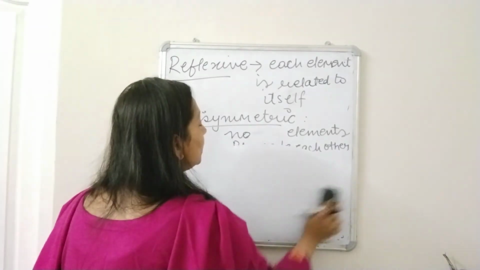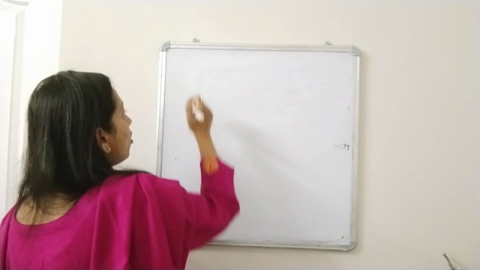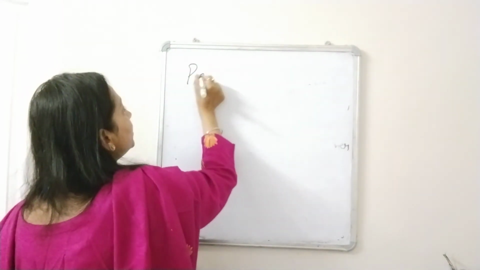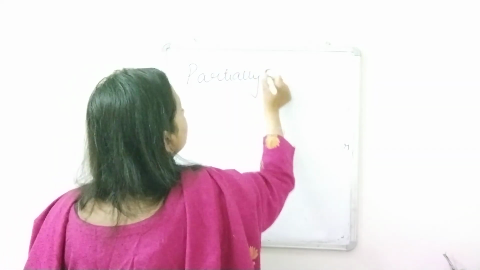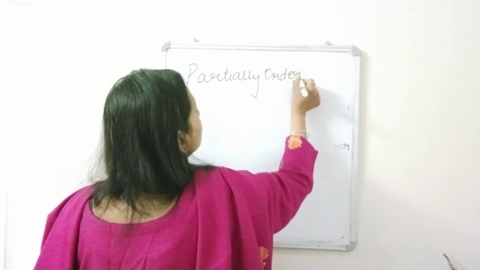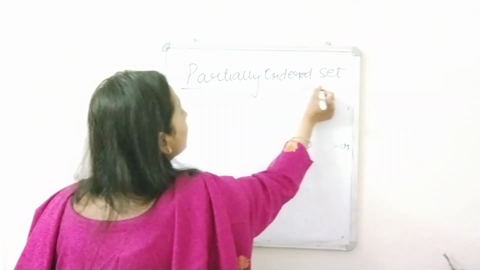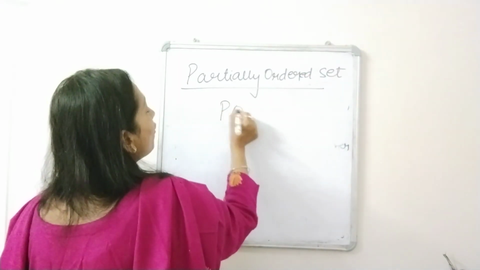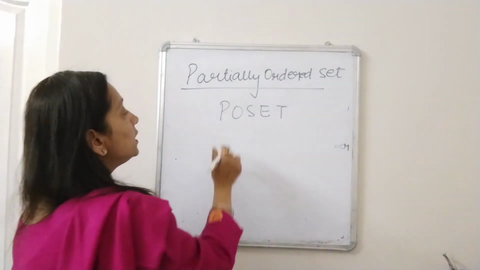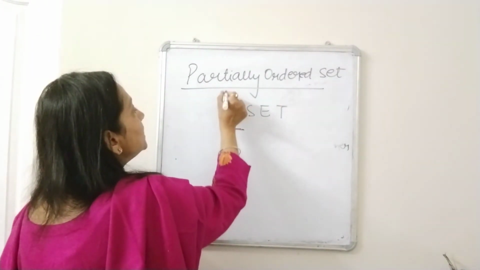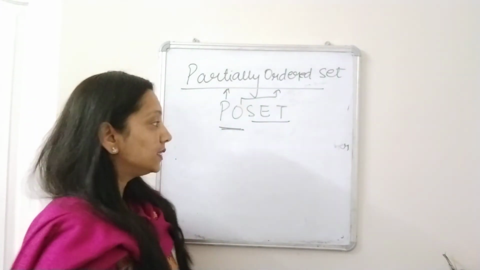Now, therefore, I can say what is a poset? A partially ordered set. So the poset is the short form of a partially ordered set where PO represents partially ordered and set represents set.